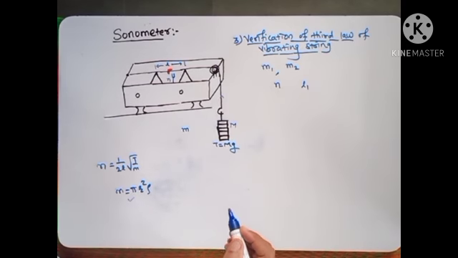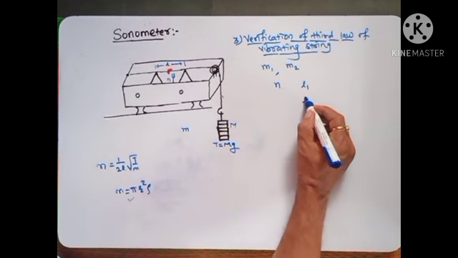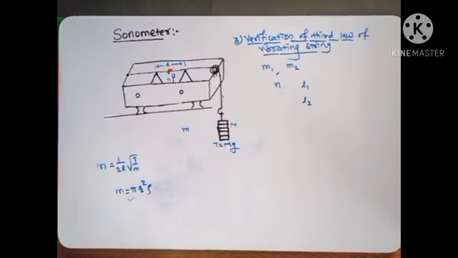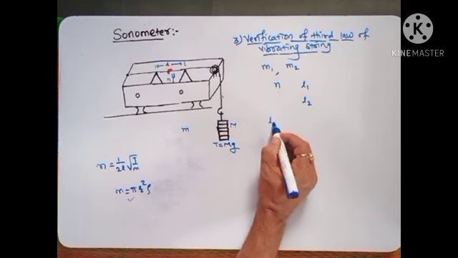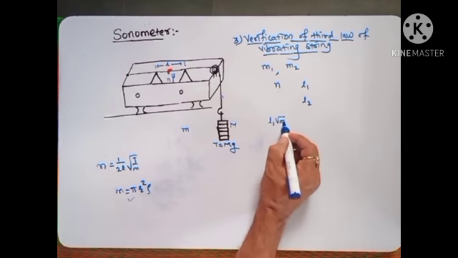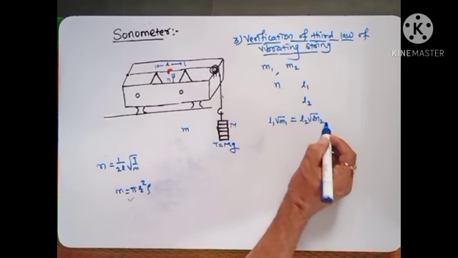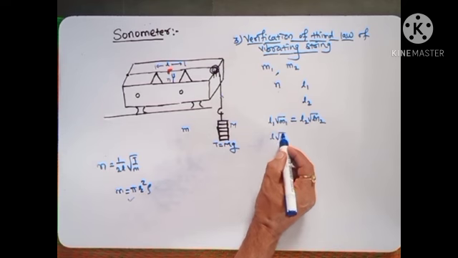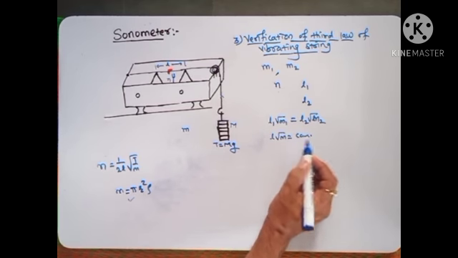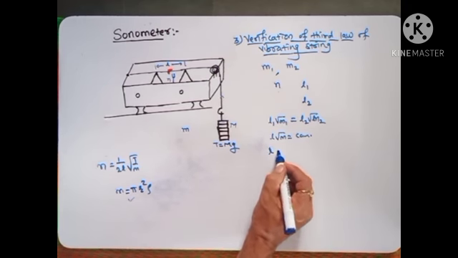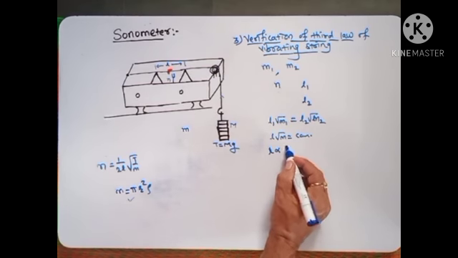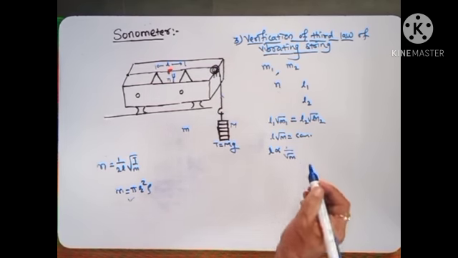Using the same fork, suppose L2 be the vibrating length for the second wire. Then it is found that frequency of vibration of the two wires is kept same under the applied tension T. It is found that L1 into root m1 is equal to L2 into root m2, or L root m equal to constant, and therefore we get here L proportional to 1 upon root m.